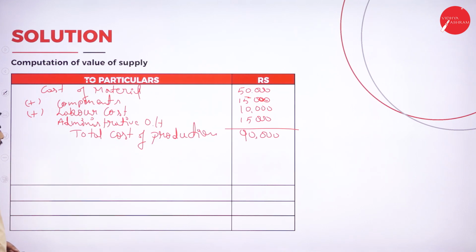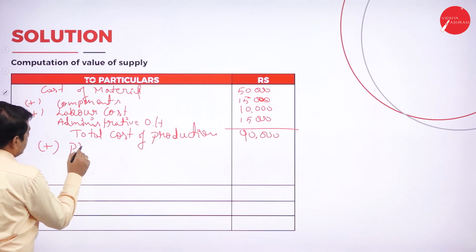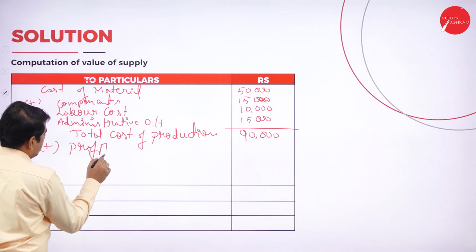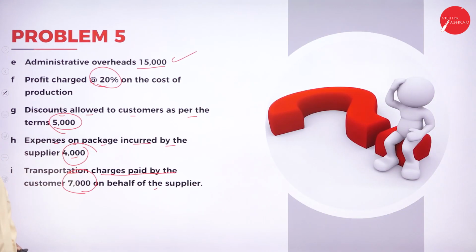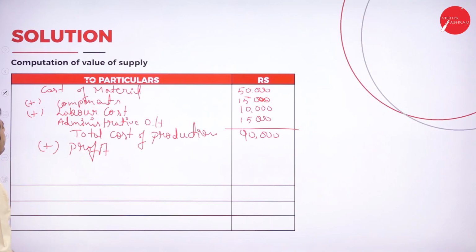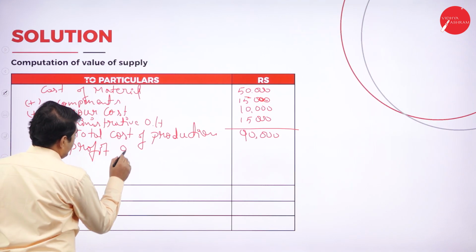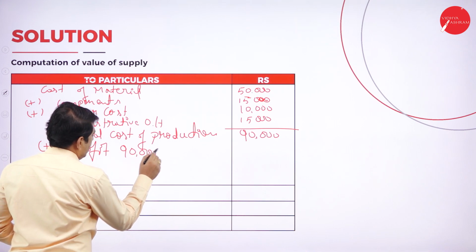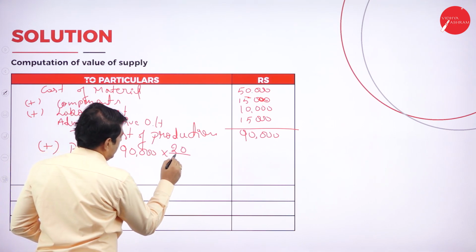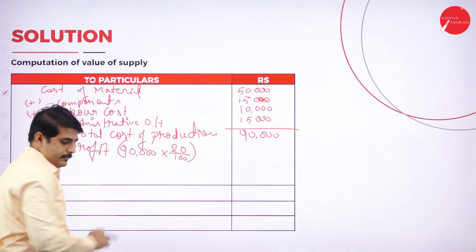Now next point, add profit to this. So what is the profit? 20% is the profit. So calculate 20% profit. So 90,000 into 20 by 100.